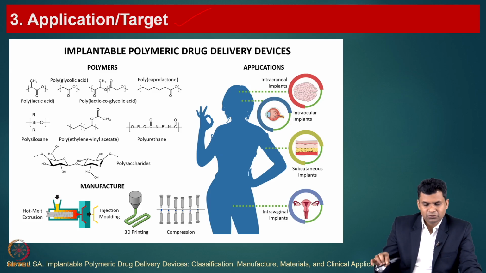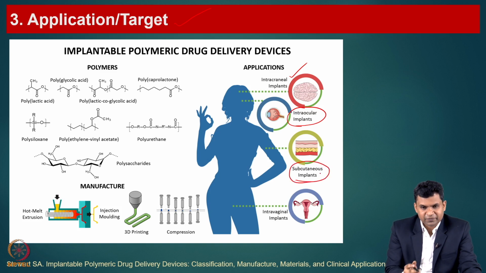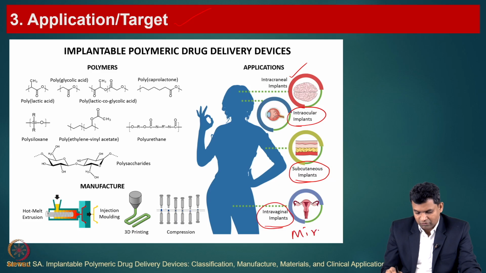So, here also we can use, as we discussed in case of the gliadel wafers, that is intracranial implants, also ocuserts, intraocular implants. Also we have right now seen one more example on the contraceptive, and also we have intravaginal implants, that is Minera, we can also use for the treatment.